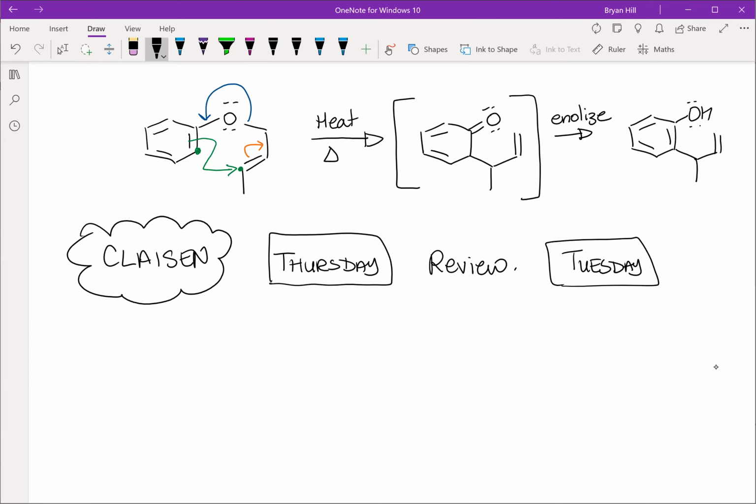So on Moodle, I basically opened up an old midterm from last year. You'll notice that when you look at it, we're a bit behind where last year's class was. So there's a question on the Diels-Alder, which obviously we haven't covered yet, so don't worry about that.